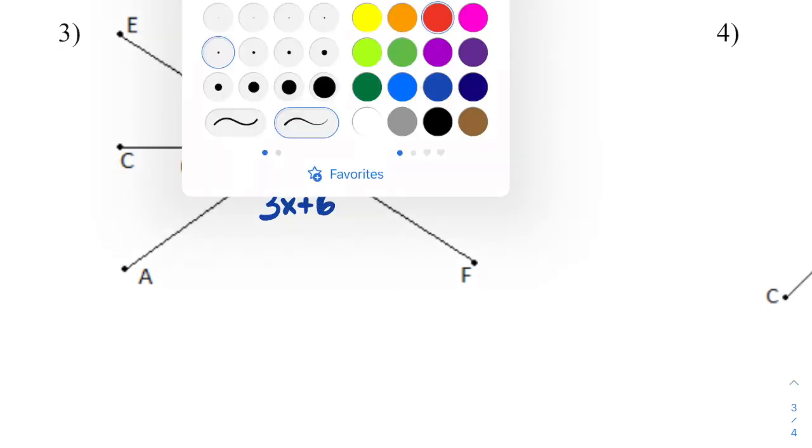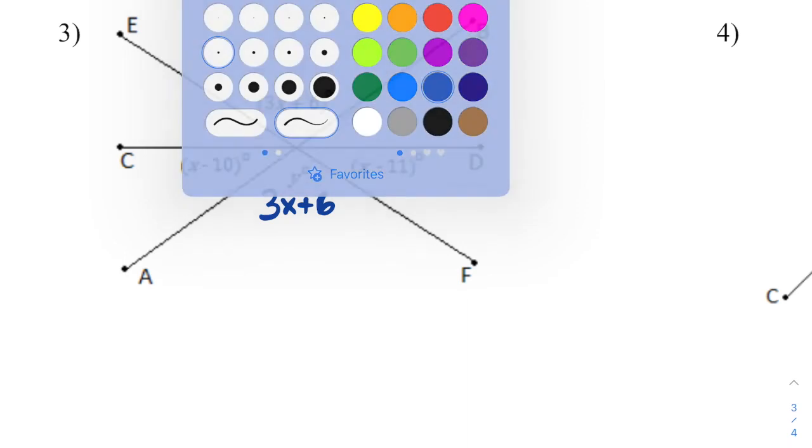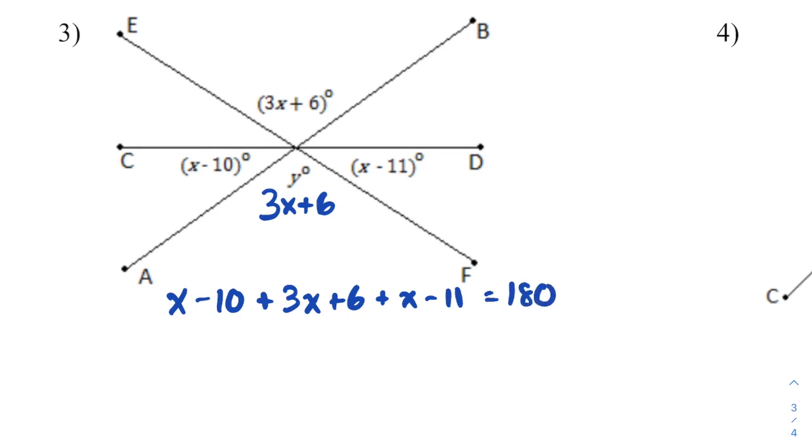The next thing I'm noticing is that I have a straight line right here, and those three angles are going to add up to 180 degrees. So that's kind of the goal, to get an equation that you can solve. So I can write x minus 10 plus 3x plus 6 plus x minus 11 and set that equal to 180.